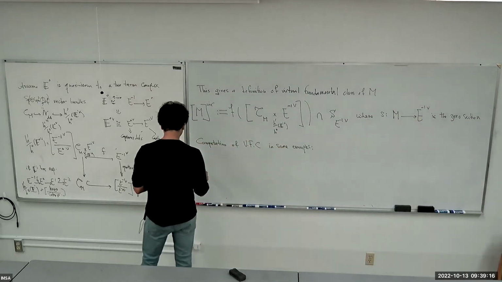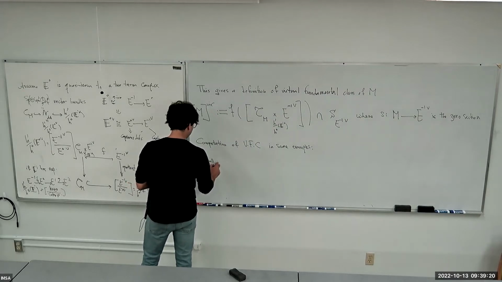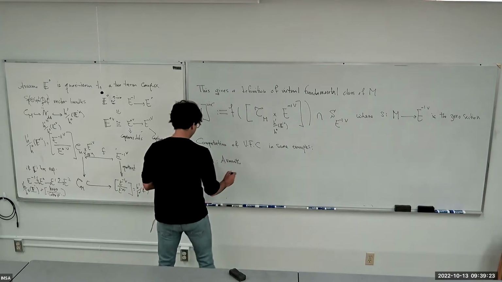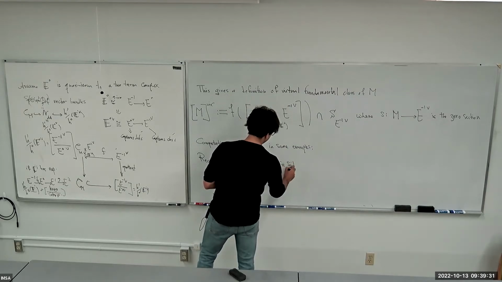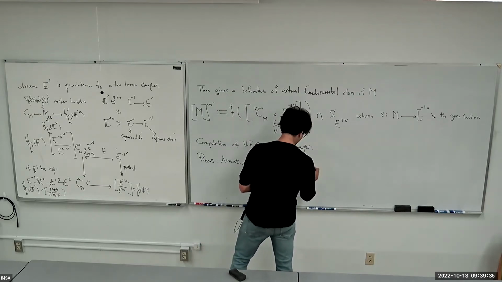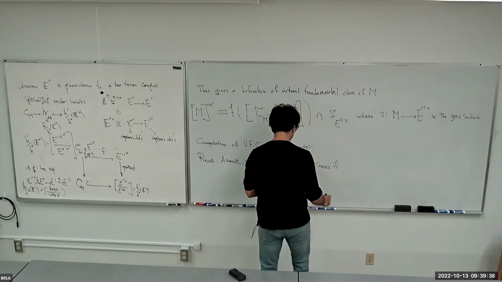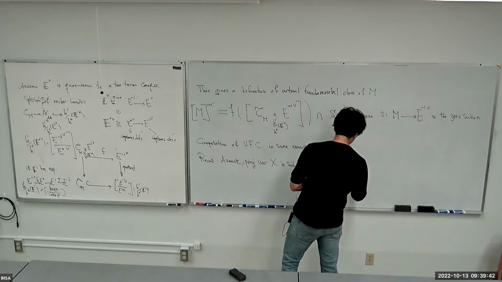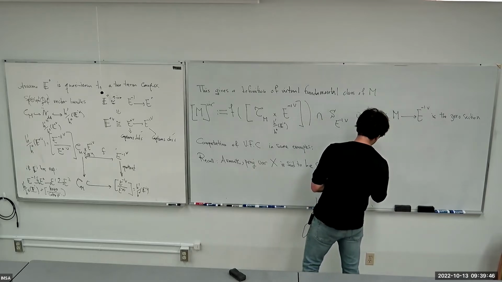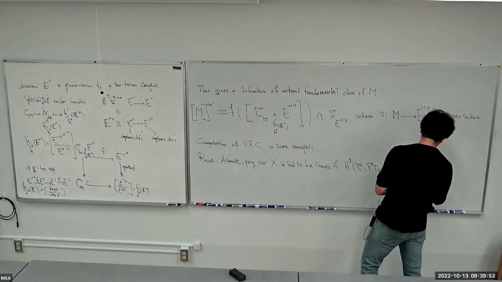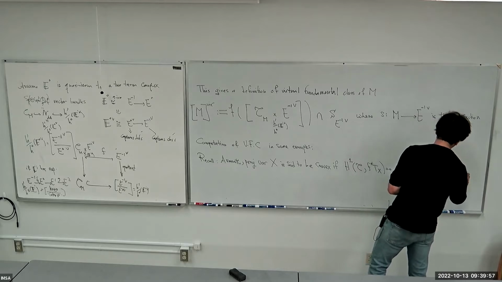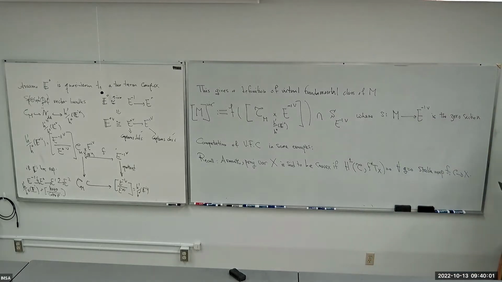Recall a smooth projective variety X is said to be convex if H1 of C, f star of T of X is equal to 0 for any genus 0 stable map f from C to X. That is, for any rational curve, genus 0 curve inside X, you pull back the tangent bundle of X, and you get 0.